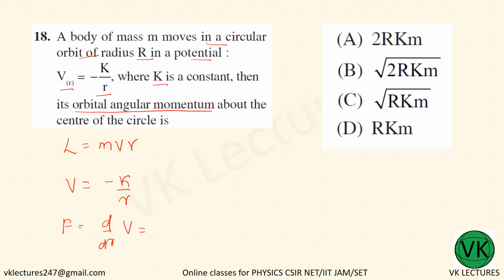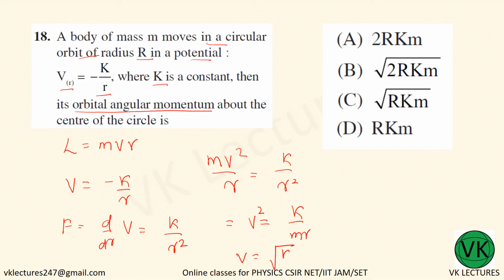That is nothing but k divided by r square. But we already know m v square by r is equal to k divided by r square. From this we get v square is equal to k divided by m r, or v is equal to under root k by m r.